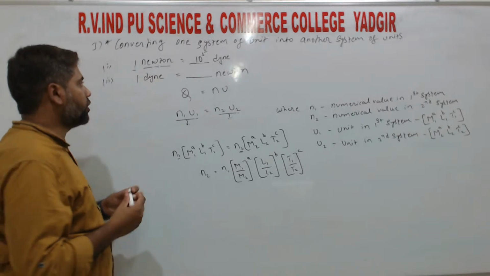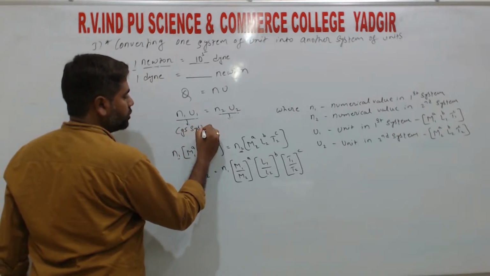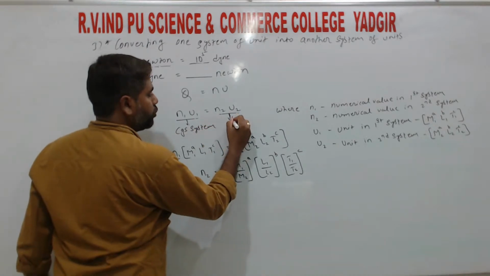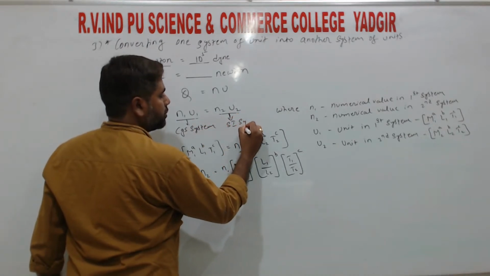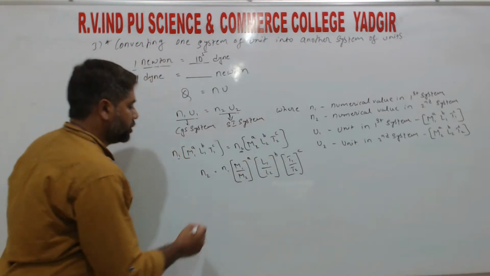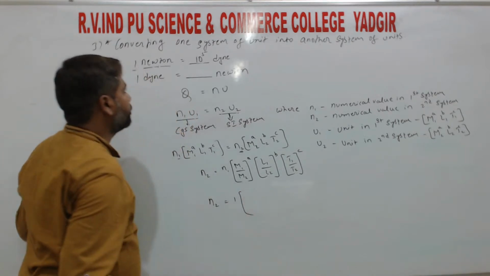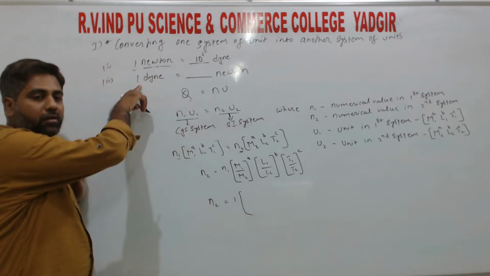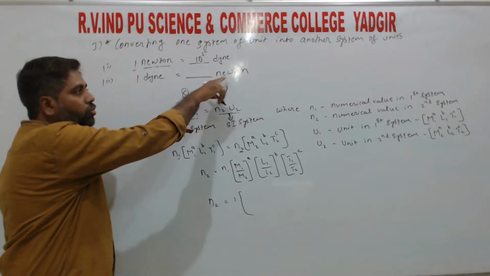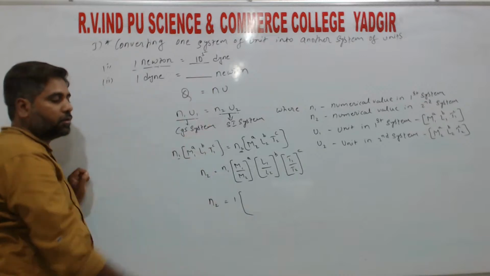So now here n1 u1 is in the CGS system, and n2 u2 is in the SI system, right? So again this becomes n1 u1 divided by u2. We are going to find the value of n2, right?